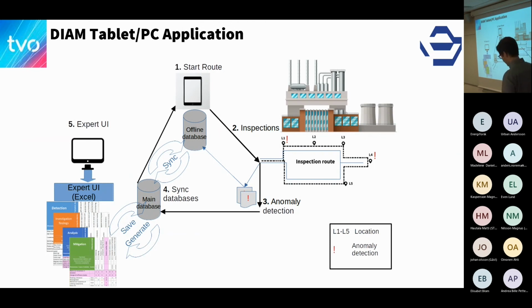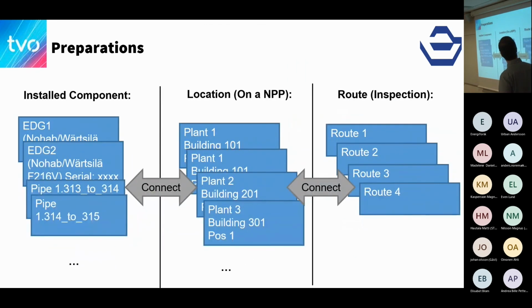And if I go back here, the inspection routes, which are specific to each plant, are constructed to be one or a group of locations on a plant.